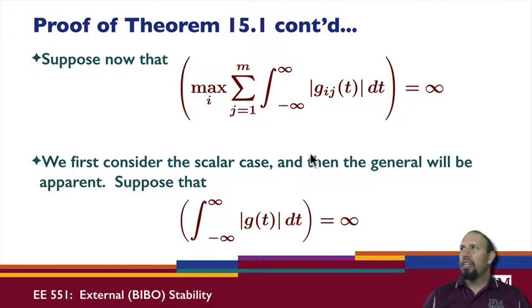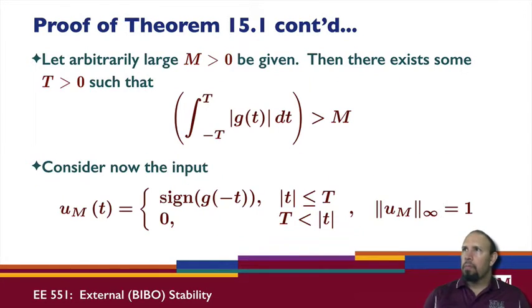Now we're going to do the other direction. Suppose now that this quantity is infinite. We're going to look at the scalar case to start off with, and the general case will be apparent. So suppose now in the scalar case, because we're looking at a scalar function, we can eliminate the sum and we can eliminate the max because we only have one value. Suppose that this is infinite.